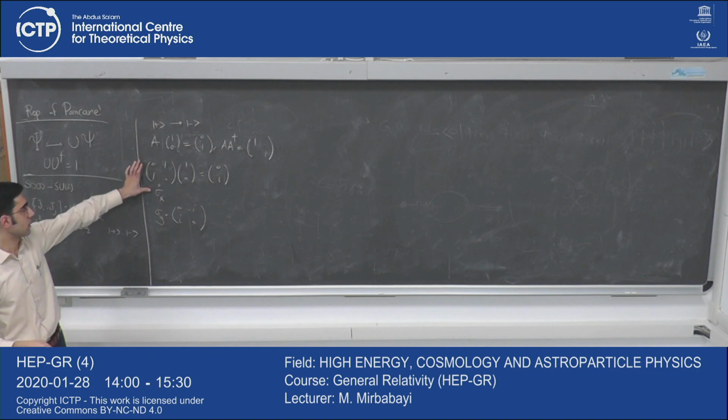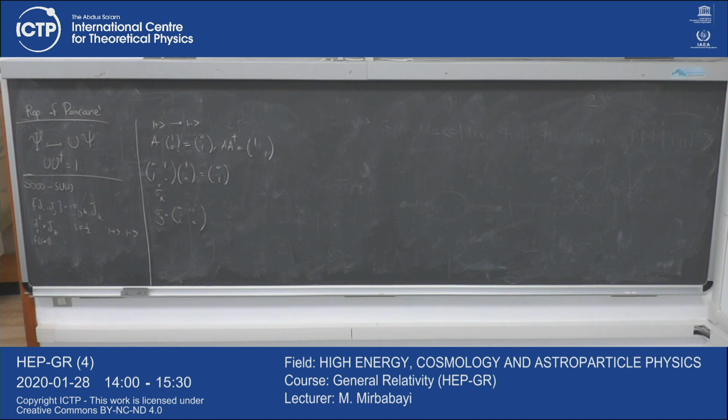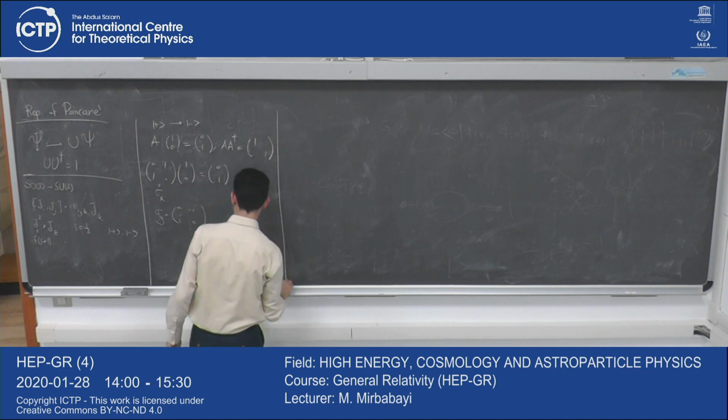For instance, this one is sigma x. What it is doing is a rotation of pi along the x-axis. And that rotation of pi along the x-axis takes the eigenvalue in the z direction to the eigenvalue along the minus z direction.